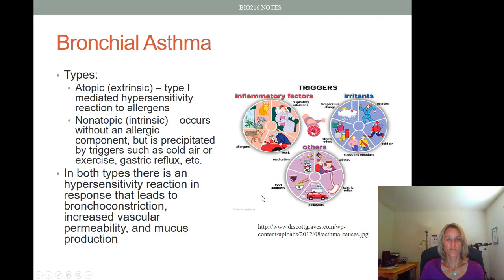Non-atopic or intrinsic asthma occurs without an allergic component, but it's triggered by things such as cold air, exercise, gastric reflux, tobacco. In both cases, there's a hypersensitivity reaction, and that leads to bronchial constriction, an increase in vascular permeability and inflammation, and an increase in mucus production that obstructs the airways.